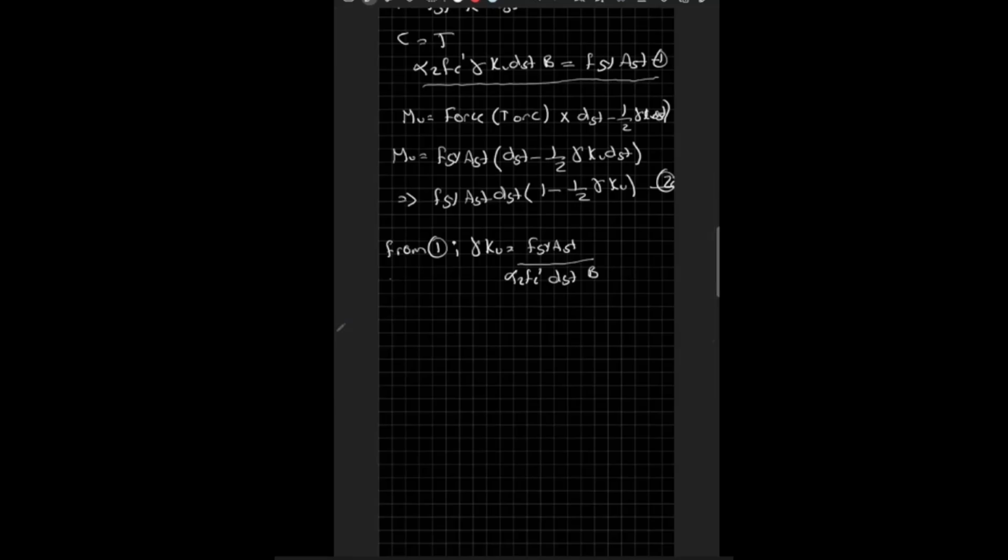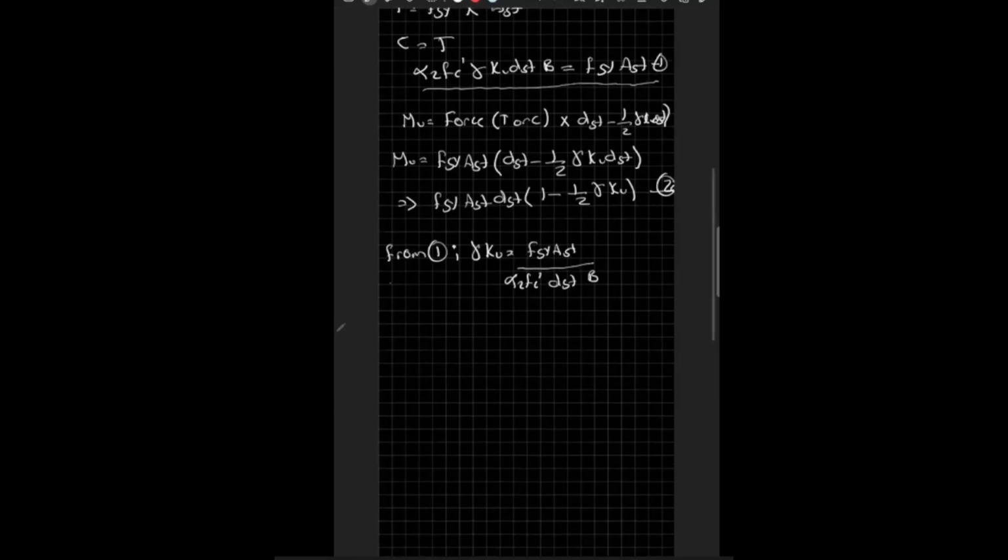So substitute gamma ku into equation 2. So then we say Mu, the ultimate moment, is equal to, let's go back to equation 2, Fsy, area of steel, dst, open a bracket, 1 minus half, and what is gamma ku?